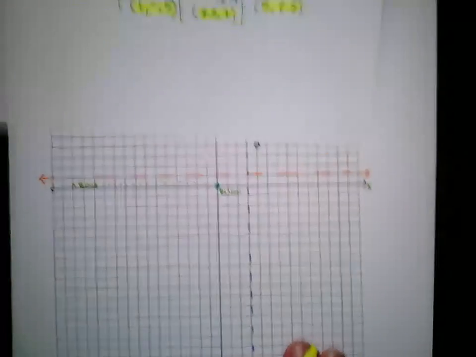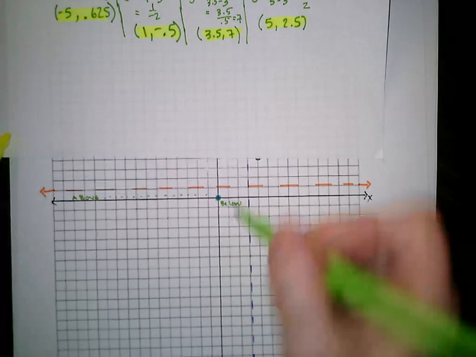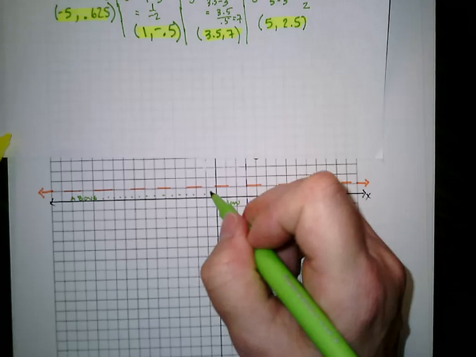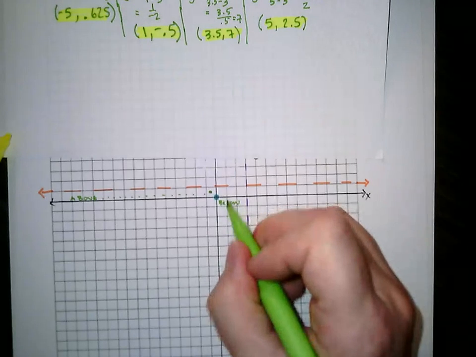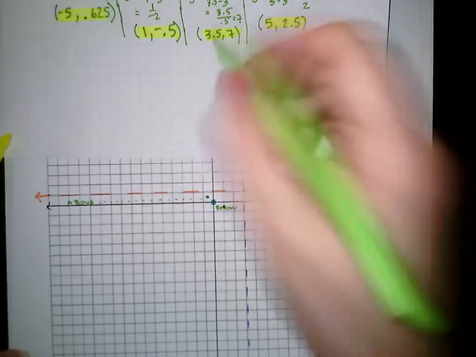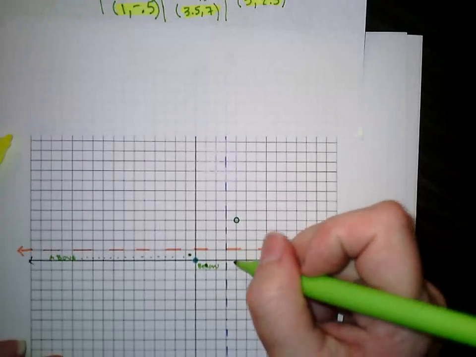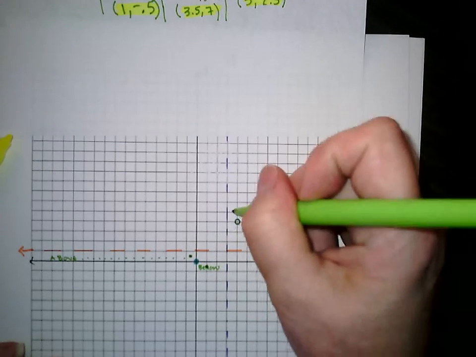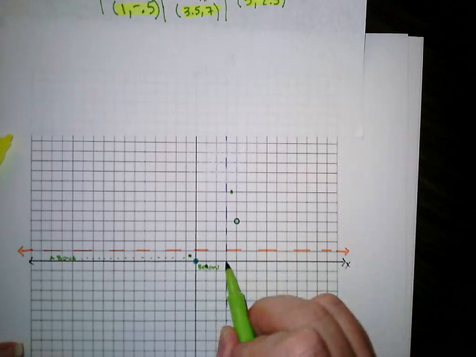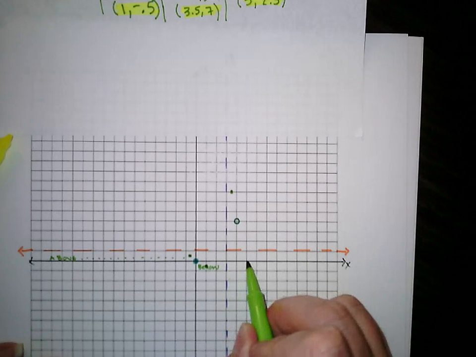So I can put those guys in: negative 0.5, 0.625, so that's about here. 1, negative 0.5, right there. 3.5, 7. And then 5, 2.5.